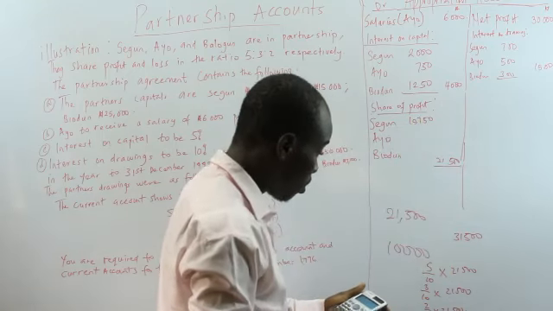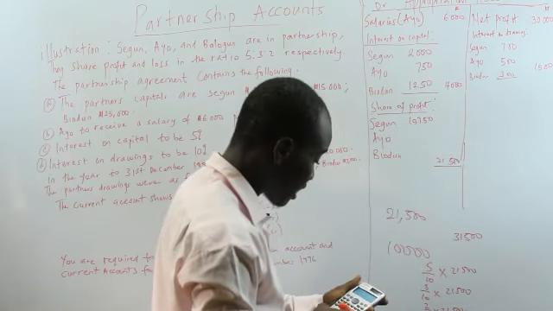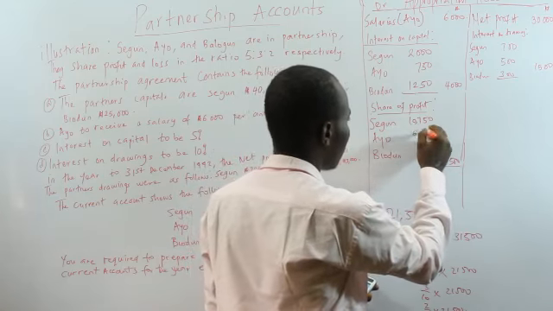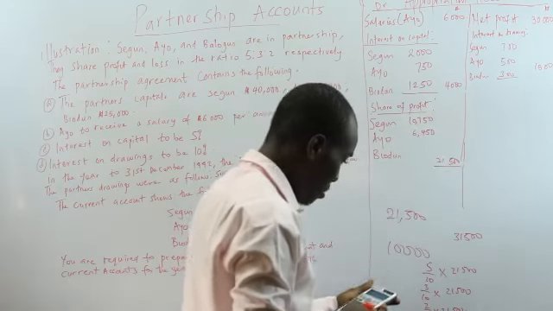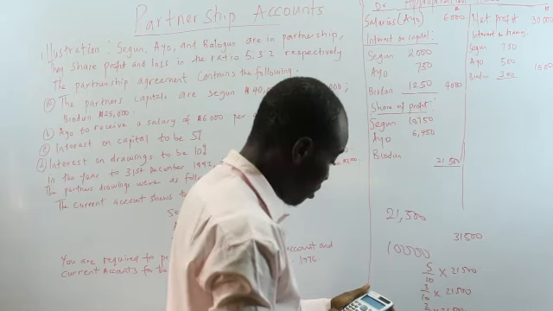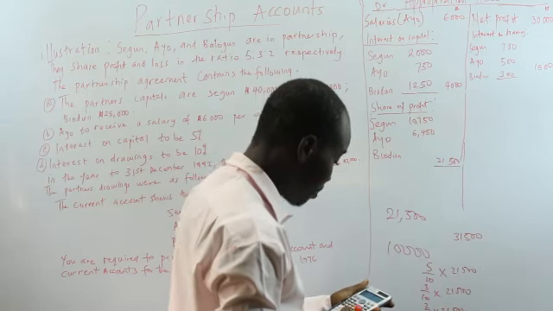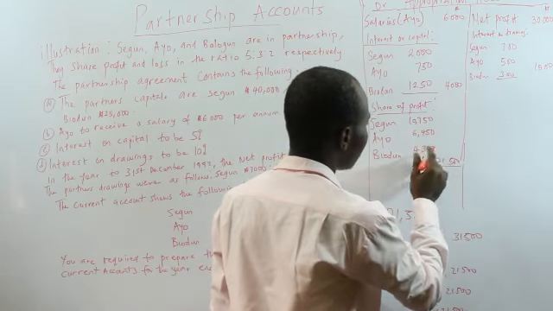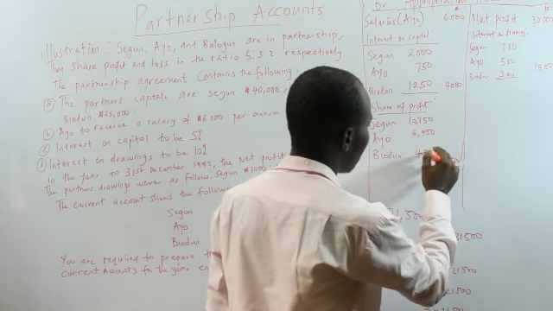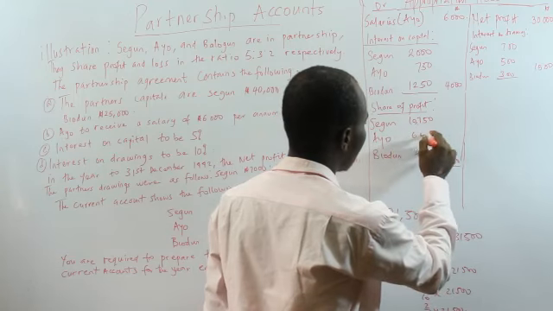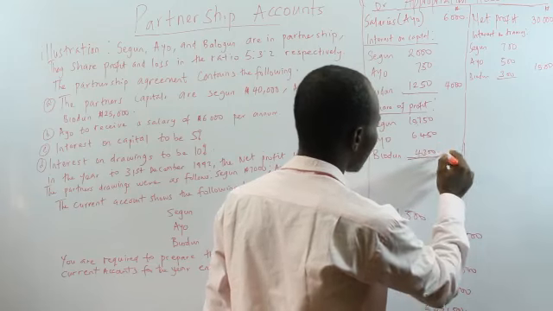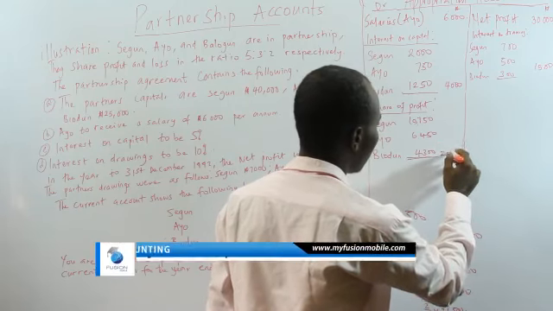While also Ayo's share of the profits to be shared gives us 6,450. Then Biodun's share of the profits to be shared gives us 4,300. So the addition of everything should give us 21,500.